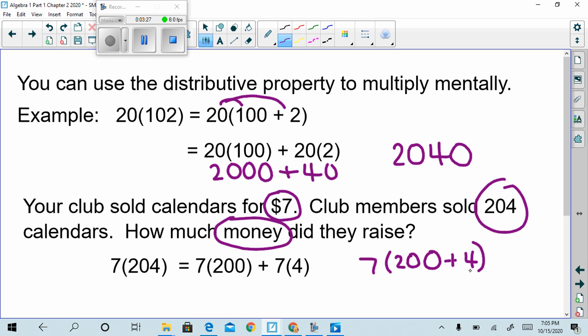That now says I can distribute and multiply the 7 times 200, multiply the 7 times 4, and then I get a total of $1,428. So you can see here that the distributive property comes in handy for a lot of different reasons.